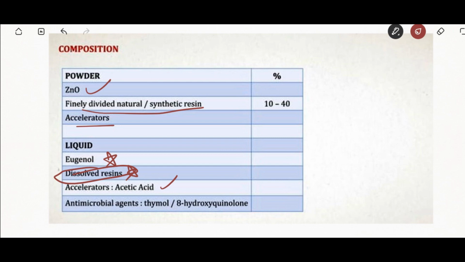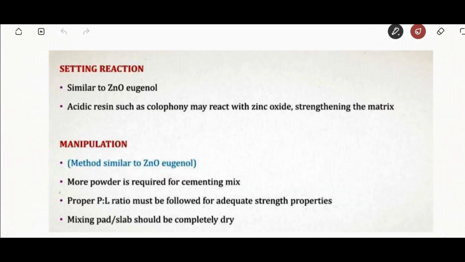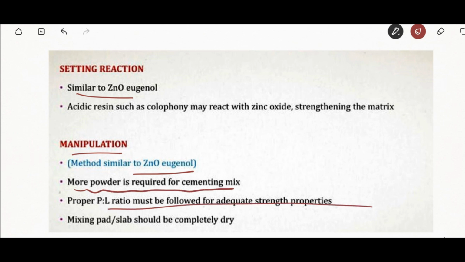The setting reaction is similar to zinc oxide eugenol cement. The manipulation is also similar to zinc oxide eugenol, but it requires more powder for cementing the mix. The proper powder-liquid ratio must be followed for adequate strength properties. The mixing pad or glass slab should be dry.